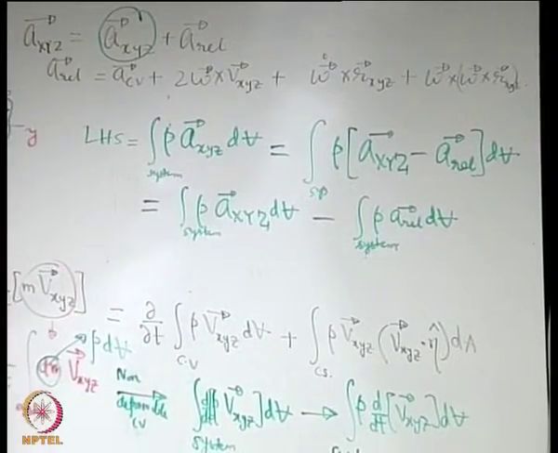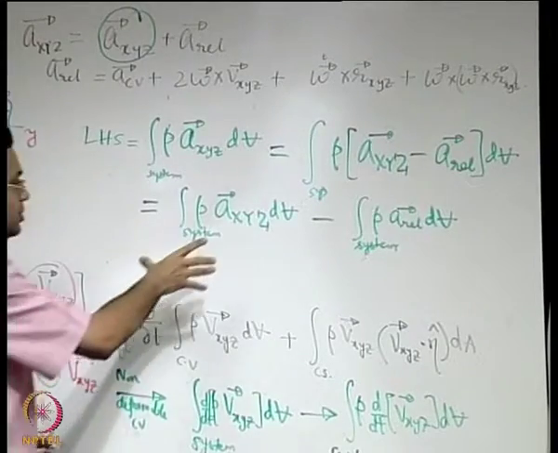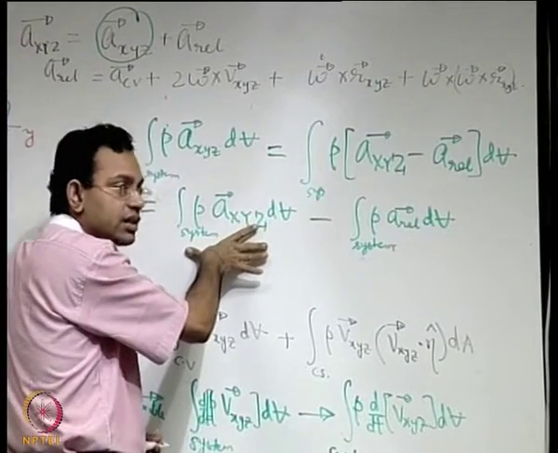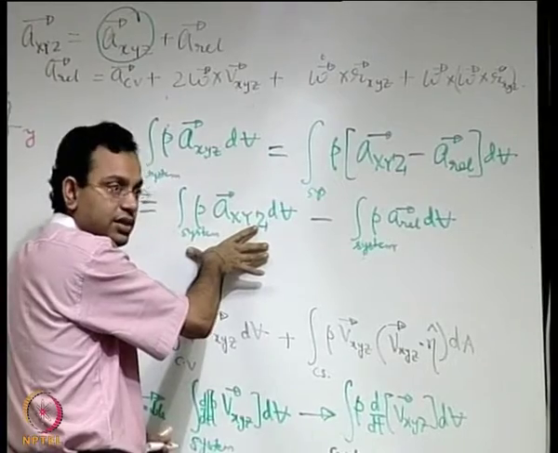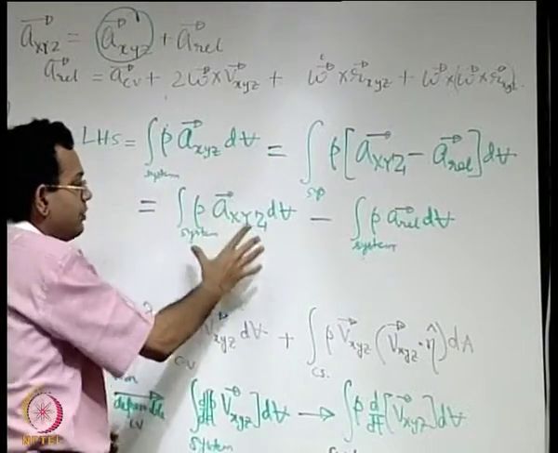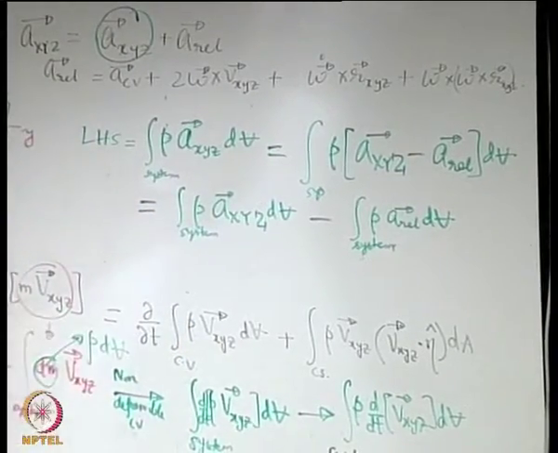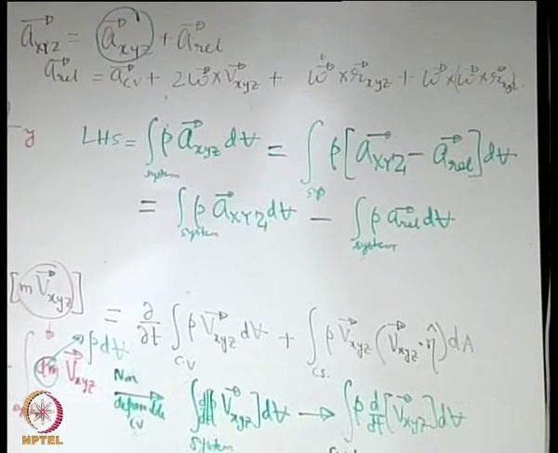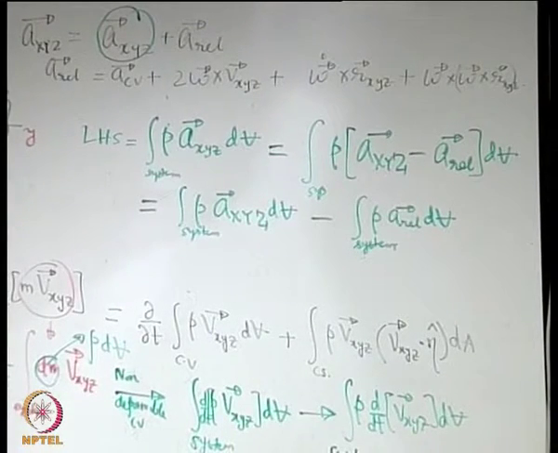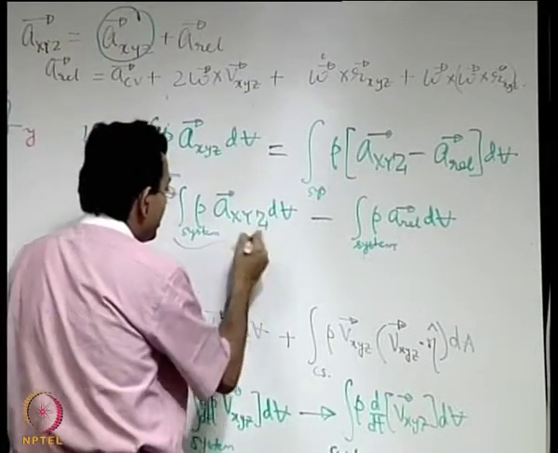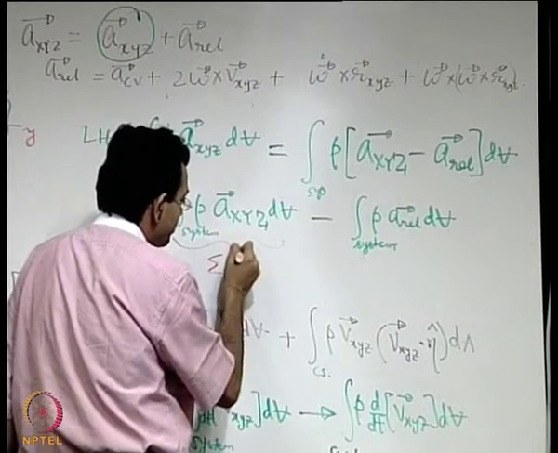The implications are very straightforward. The first term represents the mass into acceleration of the system, the integrated total effect of mass into acceleration of the system as viewed from an inertial reference frame. So, by Newton's second law of motion, you can write this as the resultant force acting on the system.